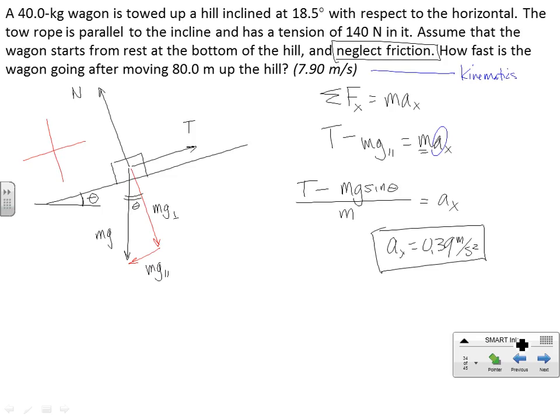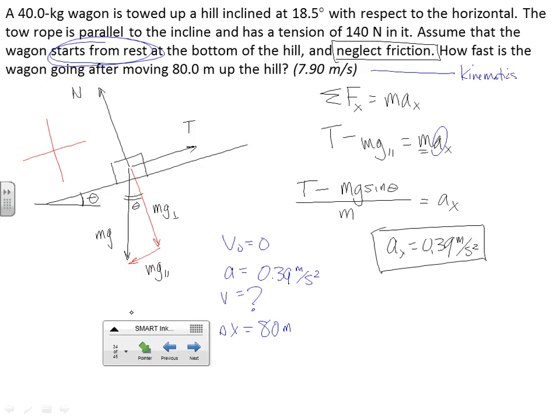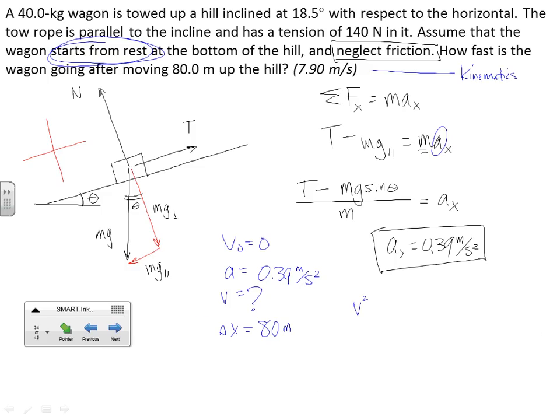With that, going back to kinematics, it starts from rest, so V naught is 0. I'll use my a, 0.39 meters per second squared. We want to know how fast the wagon is moving after going 80 meters. The equation is V squared equals V naught squared plus 2a delta x.